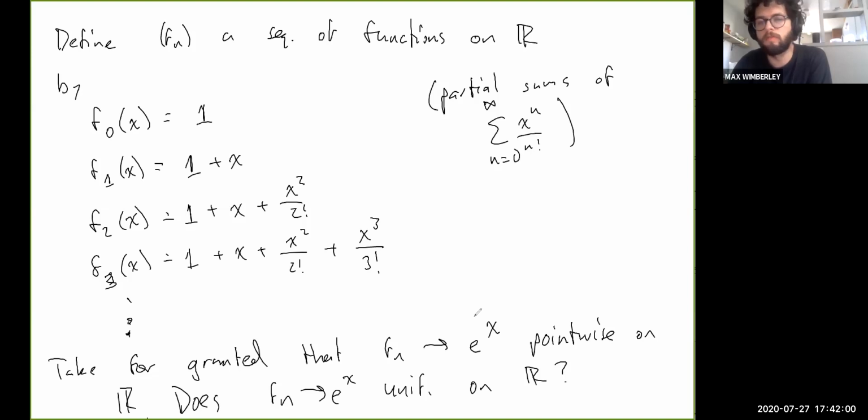And you can assume any familiar properties of the function e to the x if you want, like the fact that e to the x is increasing, the fact that it's always positive, basic things like that you can pretty much assume.